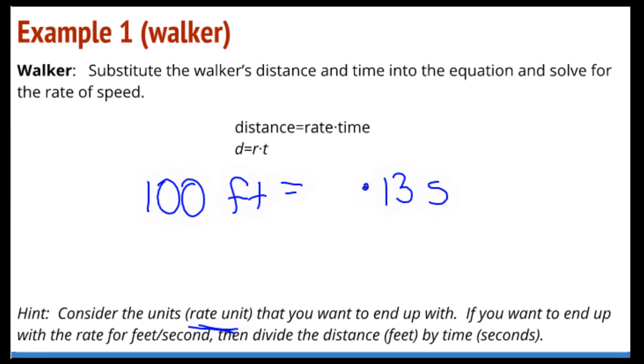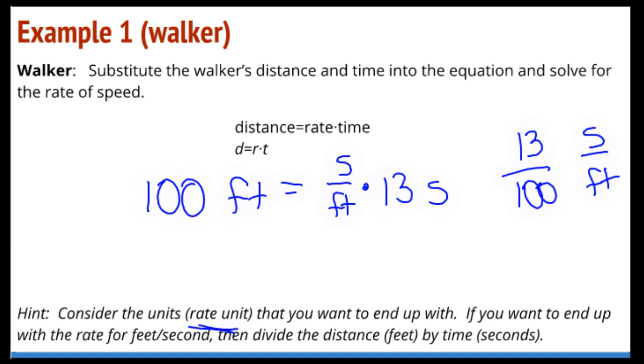So in other words, figuring out how long it takes to travel a foot. So I could want a unit of seconds per feet, in which case I would take 13 and I would divide it by 100 because I want seconds per feet. And I can see that they are traveling 13 hundredths of a second per foot.